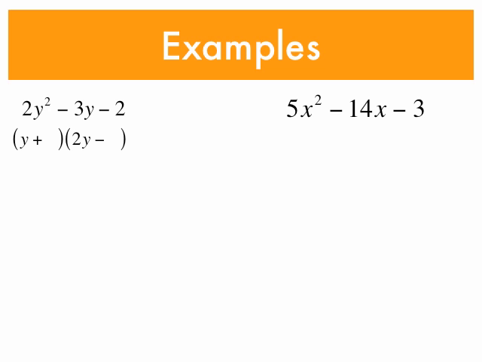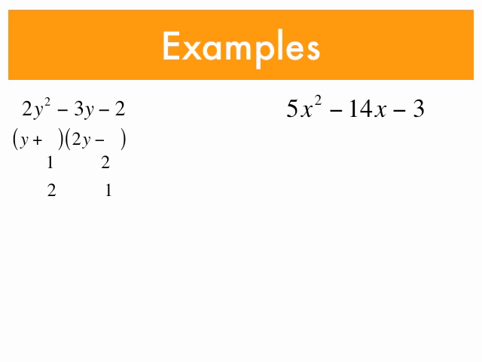The only way 2 factors is 1 times 2, so I know it has to be 1y times 2y. Then, the guys that go in the last spots in the parentheses would also be factors of 2 because of the 2 on the end. So it's either 1 in the first place and 2 in the second, or 2 in the first place and 1 in the second.